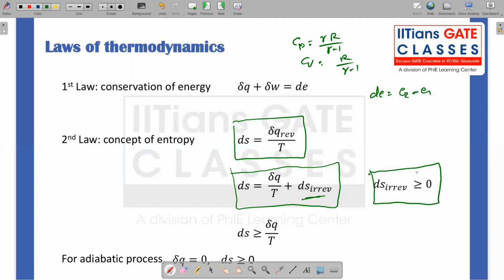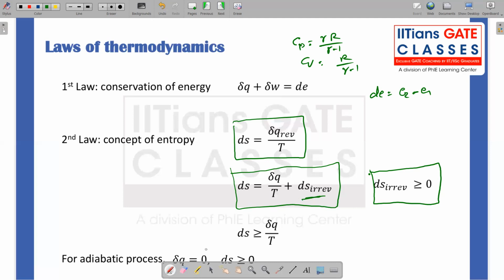So for isentropic relations, that is the topic of our interest today, we will be considering a process which is adiabatic as well as reversible. That means we are not going to treat irreversibilities in the system. We are assuming there are no irreversibilities present within the system. We are also going to assume that heat transfer from the system to the surroundings, or even from the surroundings to the system, is not present.